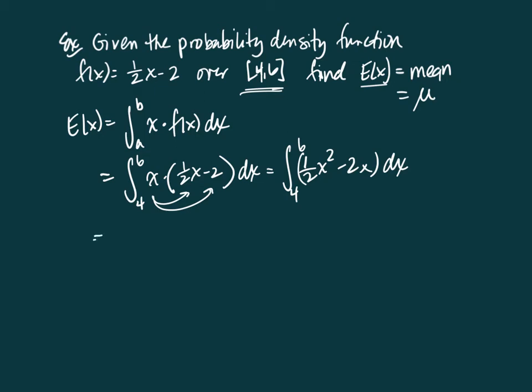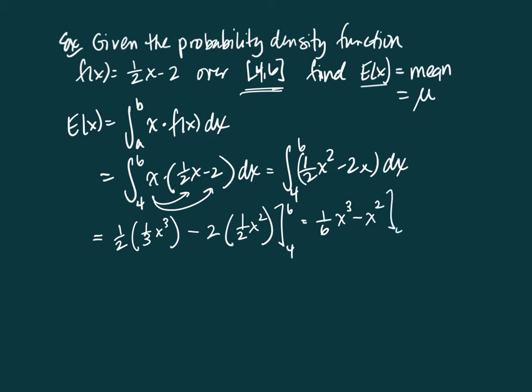And so now it's just a matter of finding my antiderivative. So 1/2 times 1/3 x cubed minus 2 times 1/2 x squared. And then I need to compute that from 4 to 6. So this will be what? 1/6 x cubed minus x squared from 4 to 6.